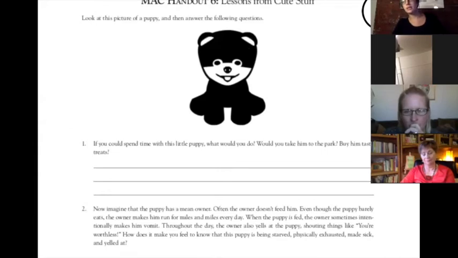And then this is a compassion-focused exercise that we included, and it involves having patients imagine that they get to spend time with a little puppy, and that this puppy actually has a mean owner, and the owner causes the puppy to starve by restricting its food intake and makes it run around and makes it vomit and makes it sick.